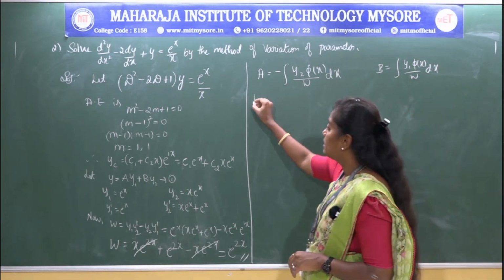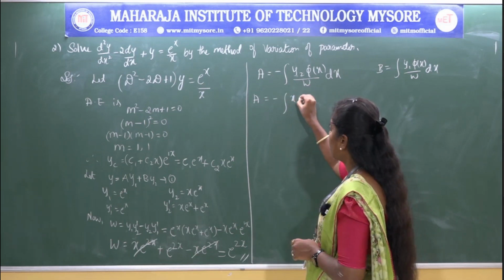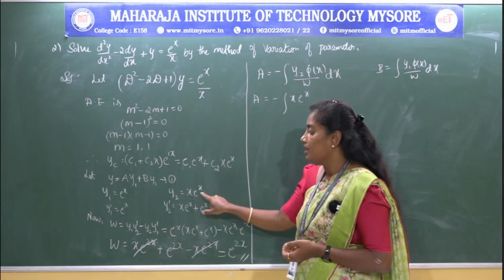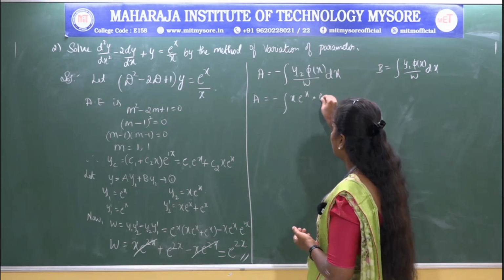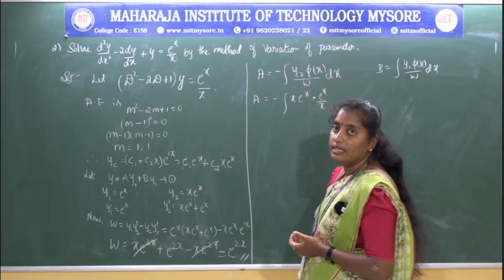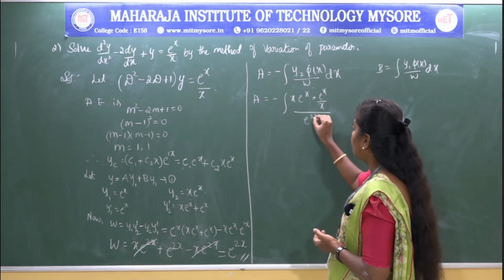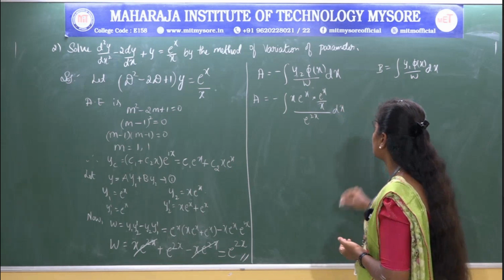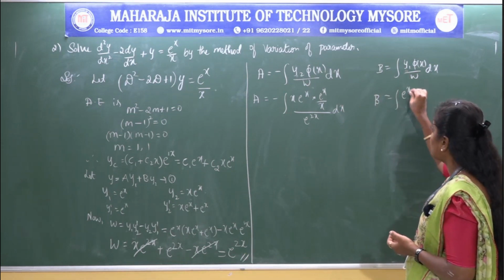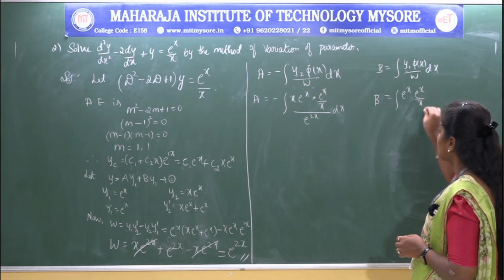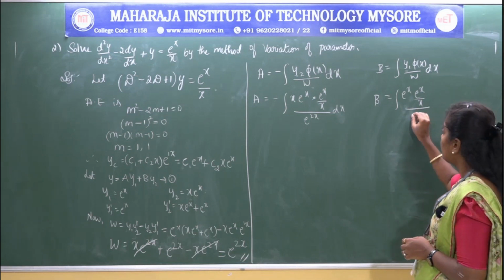Substitute the values. A is equal to minus, what is y2? y2 is equal to x e^x. Phi of x is given in the problem as e^x divided by x, the whole divided by W, where W is e^(2x), with respect to x. For b, y1 is e^x, phi of x is e^x divided by x, the whole divided by W, the value of W is e^(2x).